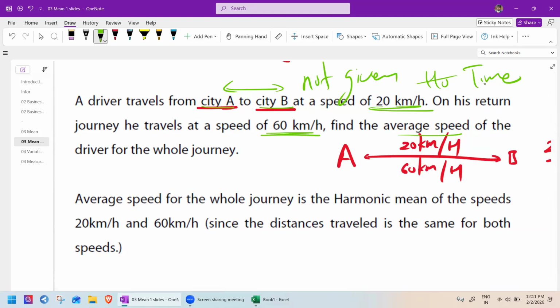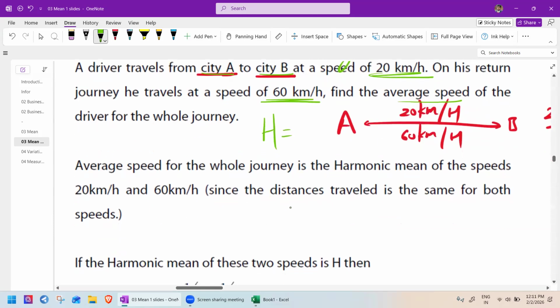So in this instance, how can we find the average speed? As a solution for this kind of problem, they use the harmonic mean.